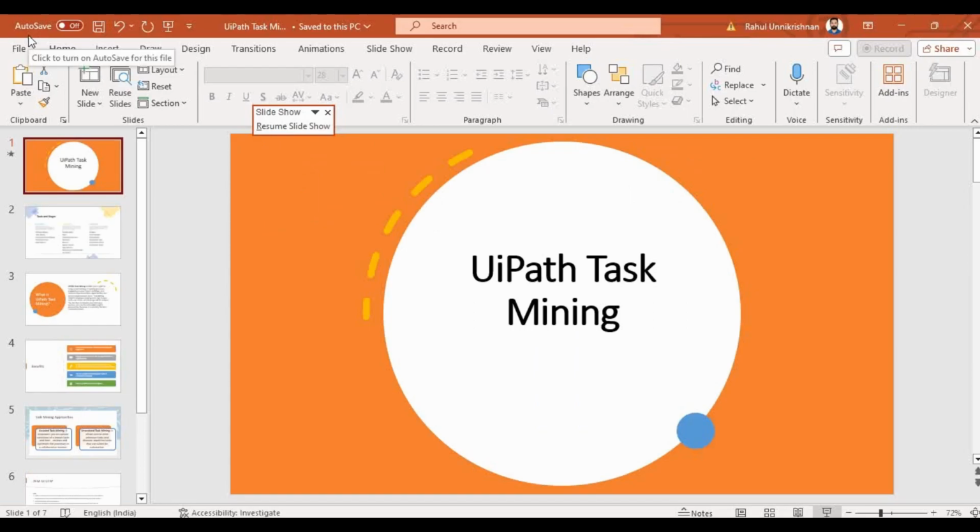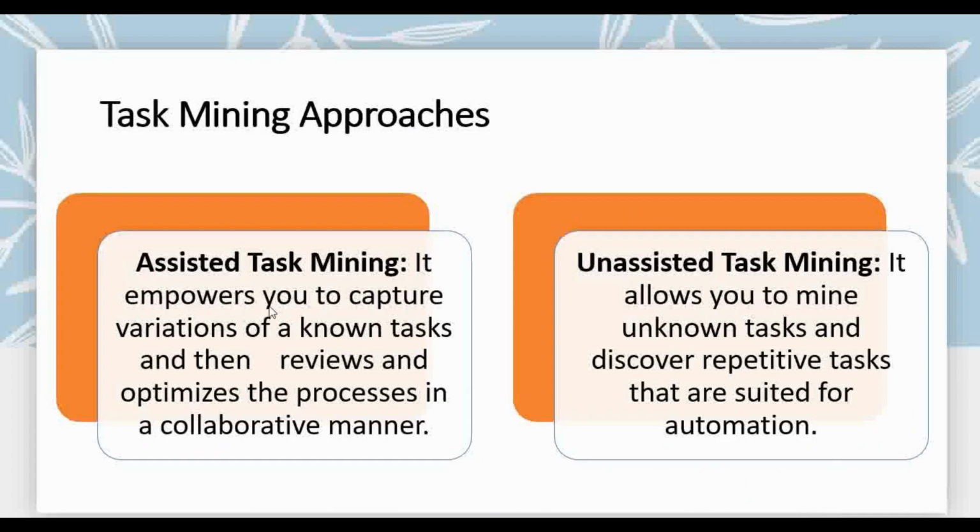Okay, so let's go to the next slide. Task mining approaches. As I mentioned earlier, there are two approaches for task mining. One is assisted task mining, and the next is unassisted task mining. Assisted task mining, as the name suggests, needs some assistance to discover the automation.